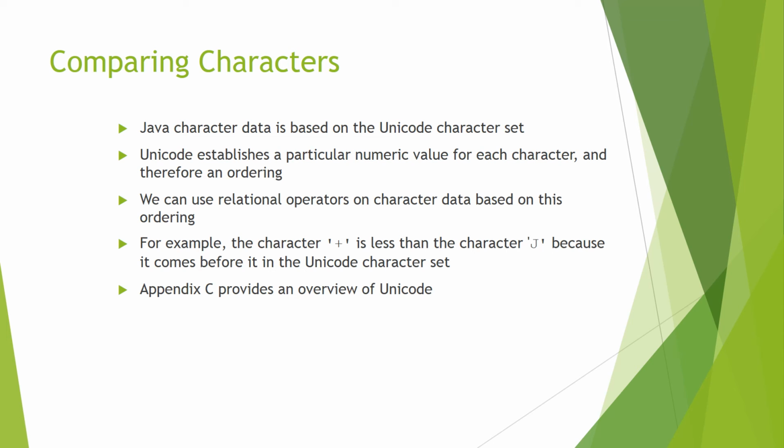So for example, the character '+' is less than the character 'J' because it comes before it in the Unicode character set. Appendix C in your book provides an overview of Unicode.